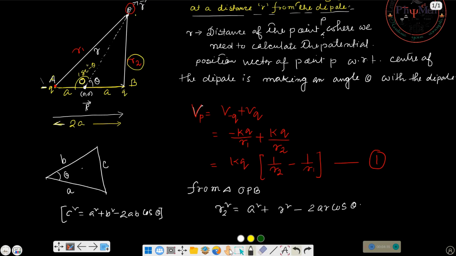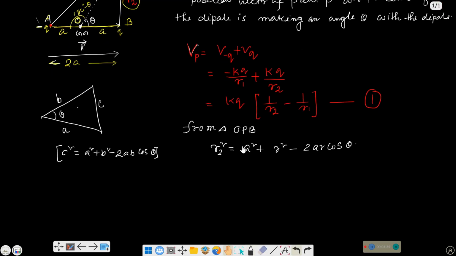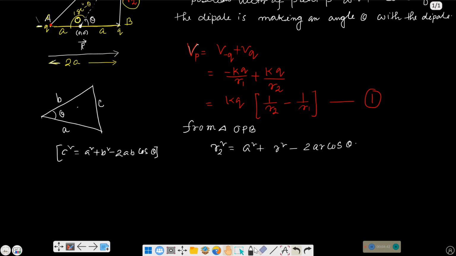Yes or no? If we take r square common, we write 1 minus twice a cos theta divided by r plus a square by r square. Okay, so this will come out.